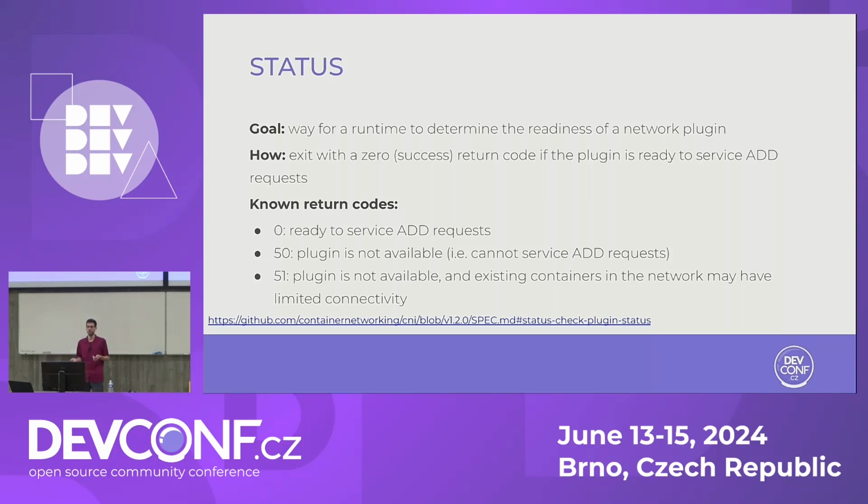The error code can be 50, which means the plugin is not available, so I will not be able to add things to this network. And there's a different error code that says I am not ready to accept things in this network, and you cannot trust the state of the network right now. If you have running things, they may not be working as you would expect, so that your runtime can adjust and react in whatever way it sees fit.